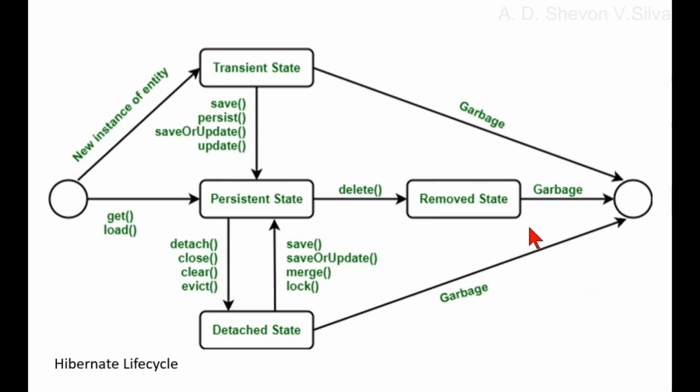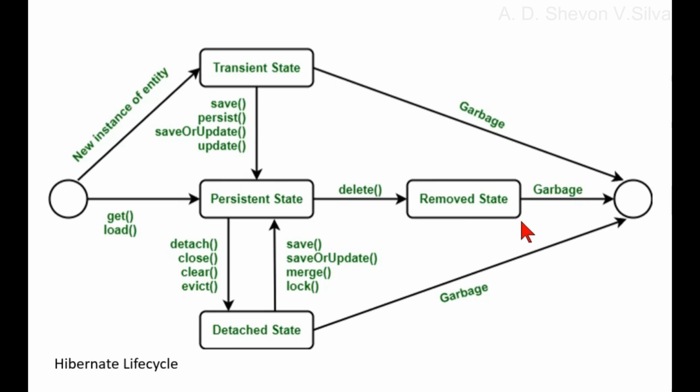Removed state. In the Hibernate lifecycle, it is the last state. When the entity object is deleted from the database, then the entity object is known to be in the removed state.